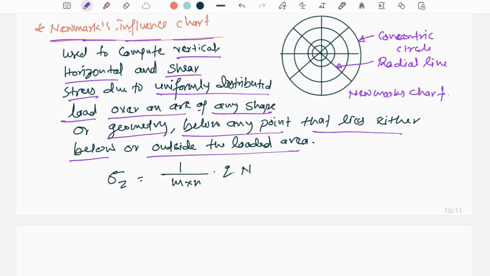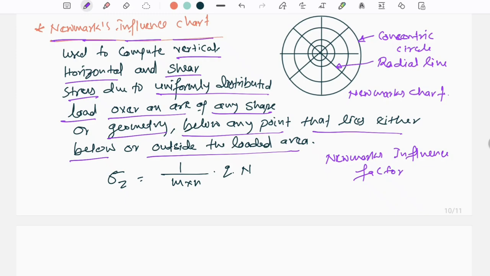You have to read how many concentric circles and how many radial lines lie within this area, so that you can find the influence factor, called the Newmark influence factor.